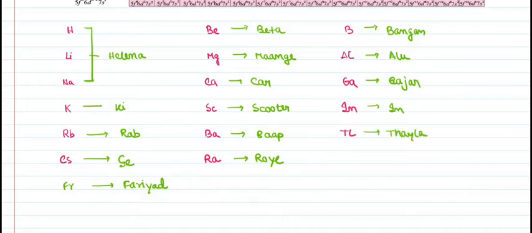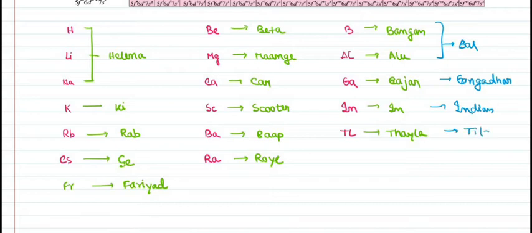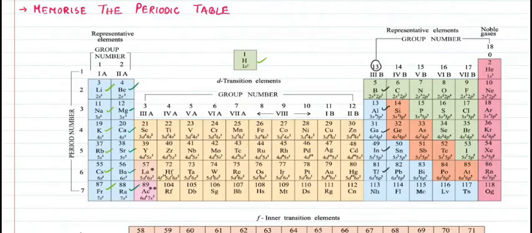Bangan, alu, gajar, in, thala. Or there is another one: B is Bal, Ga is Gangadhar, In is Indian, Tl is Tilak. So Bal Gangadhar, Indian Tilak, or Bangan Alu Gajar In Thala. We can use both to memorize the 13th group.